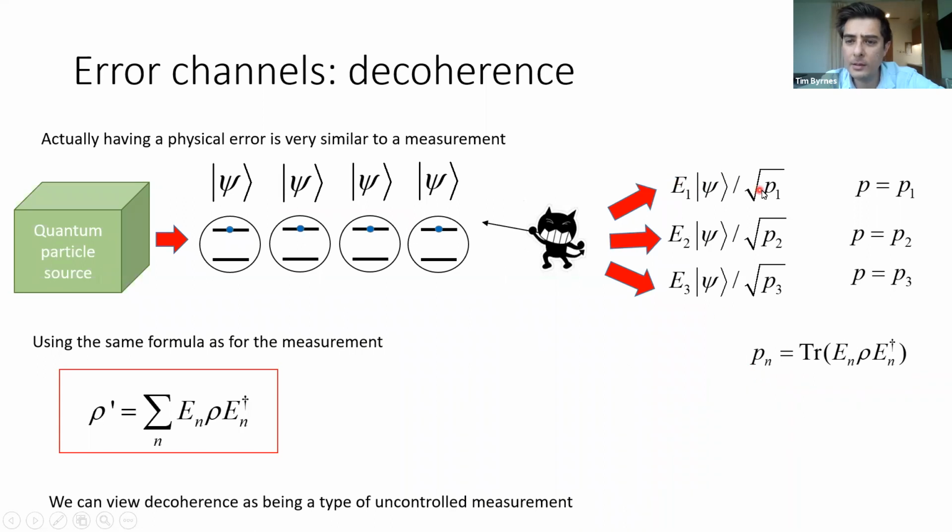It creates some different version of the state, and there are various probabilities of this error occurring, and I'll give you examples of this later on. And so the average state that you get after this error process occurs is basically the same formula as for measurements, except that instead of M, I've got E, simply because we've got errors occurring, not measurements.